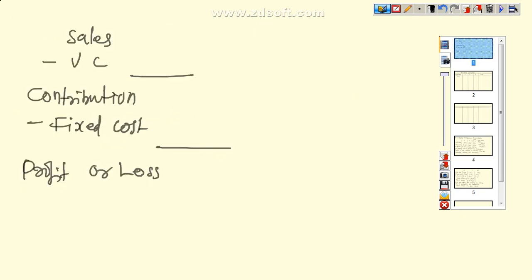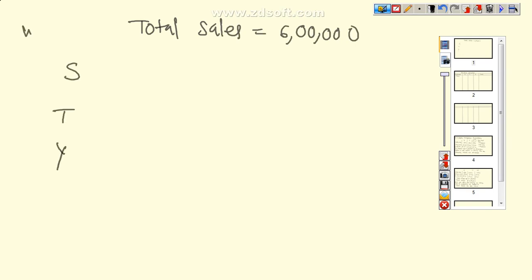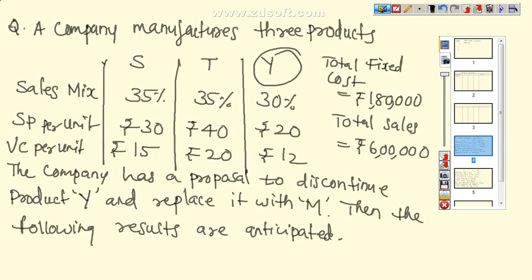So we have to make the working note. Total sale is equal to 6 lakh, and there are three products S, T and Y. Sales mix is given according to the question: 35%, 35% and 30%.